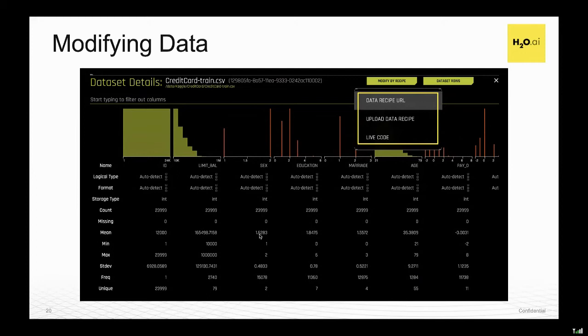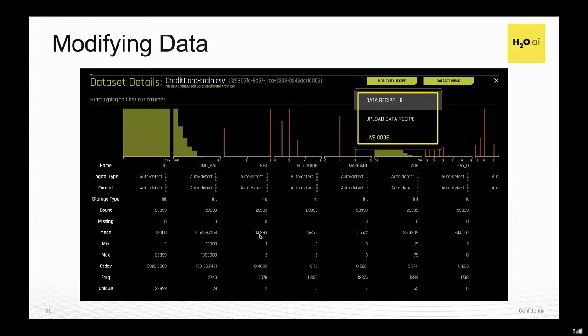Live code actually opens up a text editor where you get the data frame as a data table object, and you can make any changes to it and then return that table.